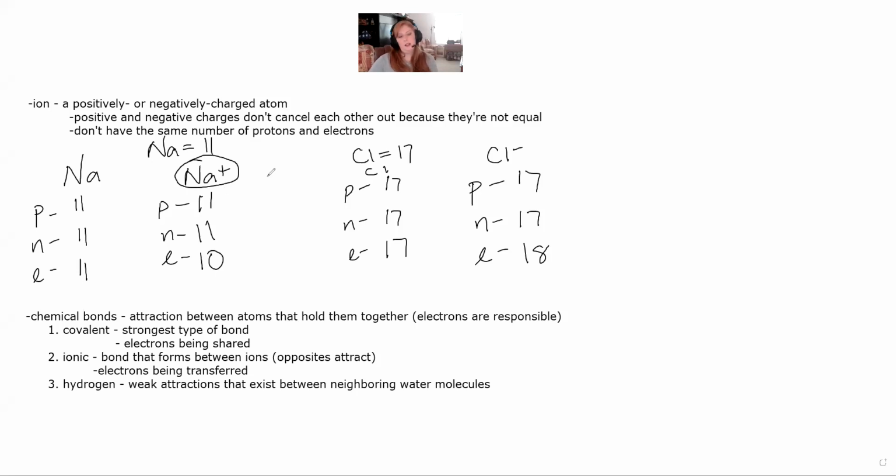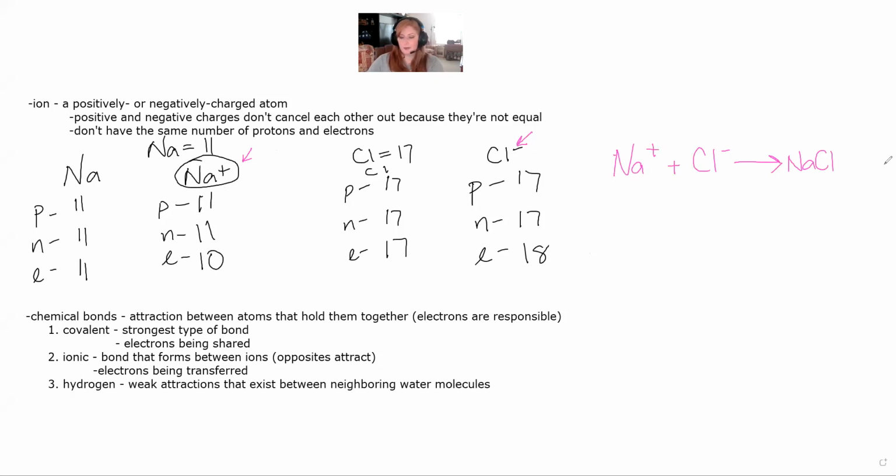Okay, so I have a sodium ion with a positive charge, and I have a chlorine ion with a negative charge. What happens when I add those together? I get a compound called sodium chloride.